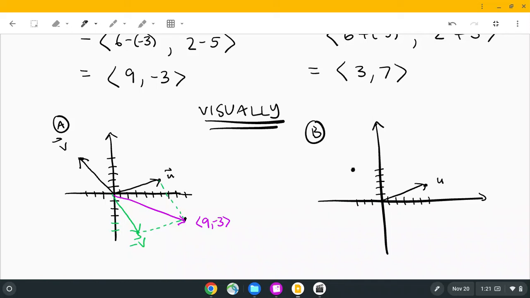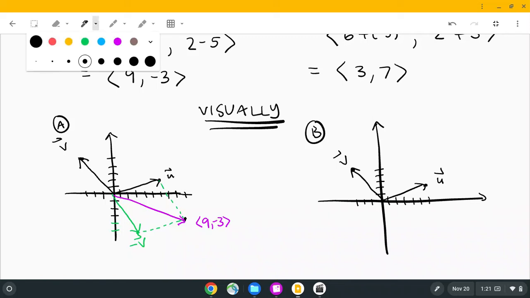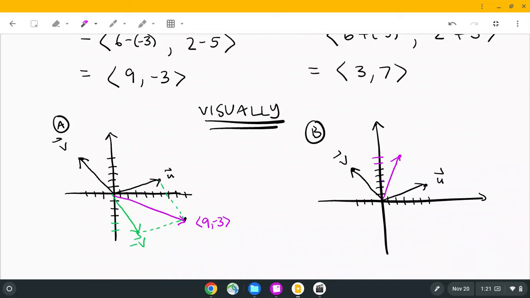Okay, so this one is vector u, and this one is vector v. And then we end up with 3, 7. And again, I'll do that one in purple or pink, whatever this color is. 3, 7, 3, 1, 2, 3, 4, 5, 6, 7. And we see here that this is also the diagonal of this parallelogram.